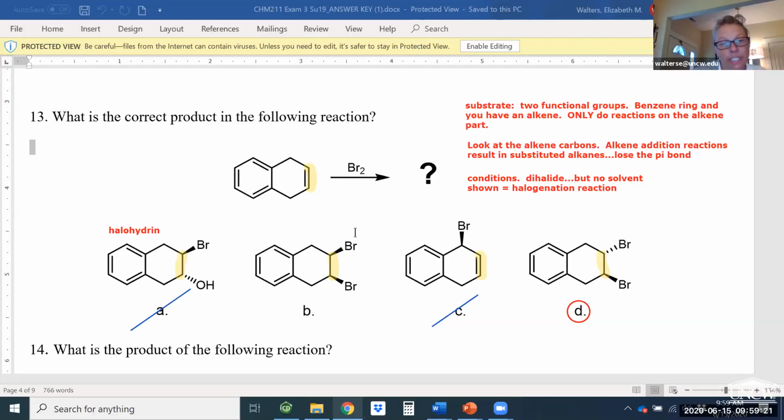So your last choices are a cis dihalide or a trans dihalide. Halogenation reactions add by anti-addition, so you're going to end up with your halides trans. So that's why it's D.